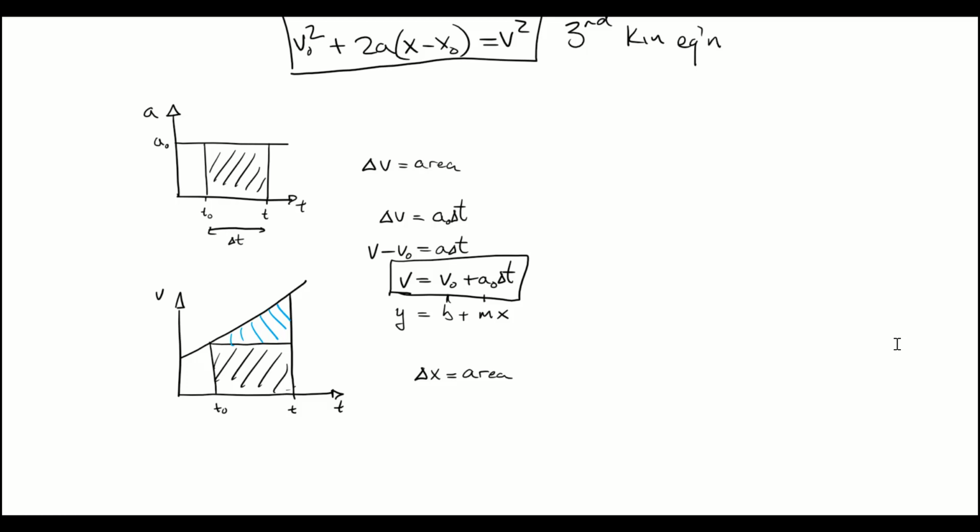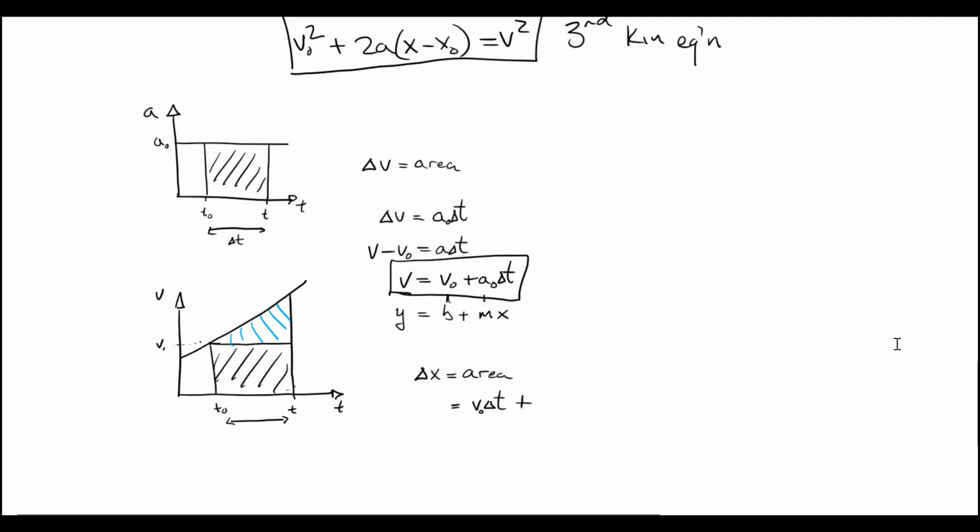And hopefully we remember how to calculate areas. The rectangle we've just done. What's the height of this rectangle? Well, that was my initial velocity. So that area is equal to the height, the initial velocity, times, again, delta t. And now I just have to add the area of this triangle.